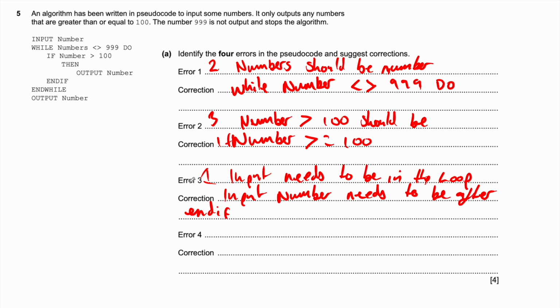So what's that? 2, 4, 6, line 8. Output not needed, deleted, something like this. Right, I'm not sure that's my finest work, but let's take a little look.